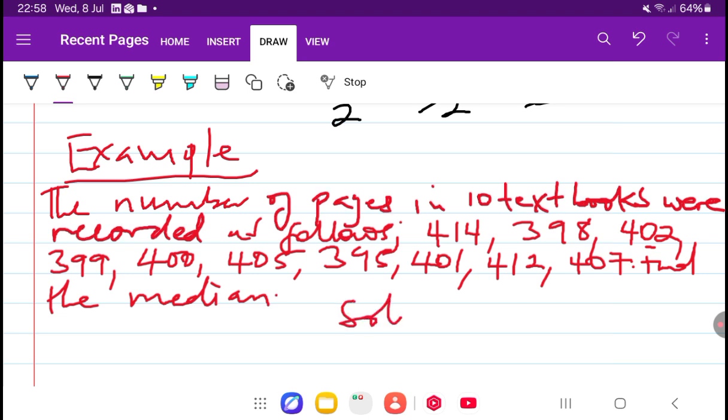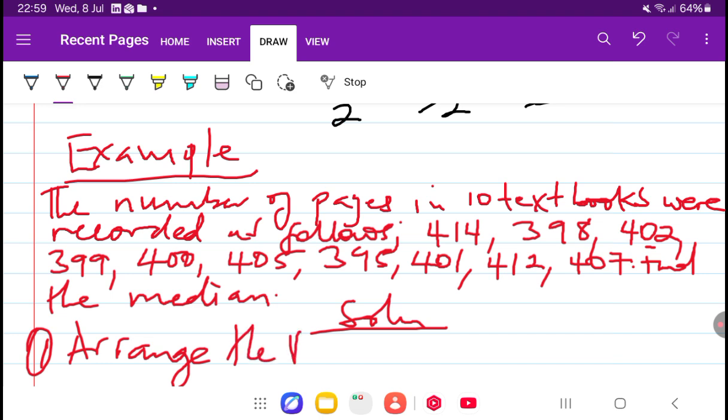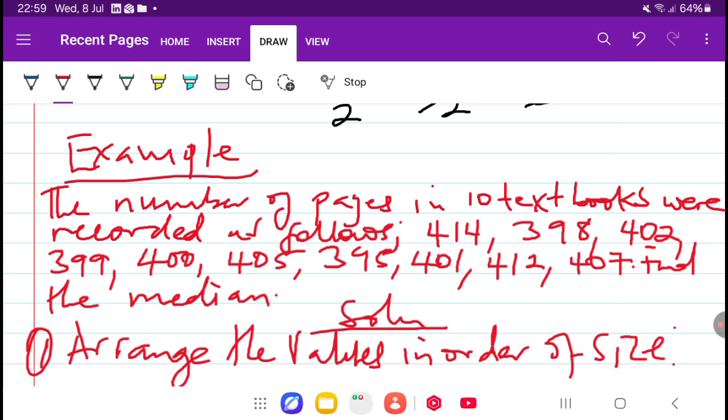So we want to get the median. And of course, we said the first step is for us to arrange the values in order of size or the magnitude. We look at their size.